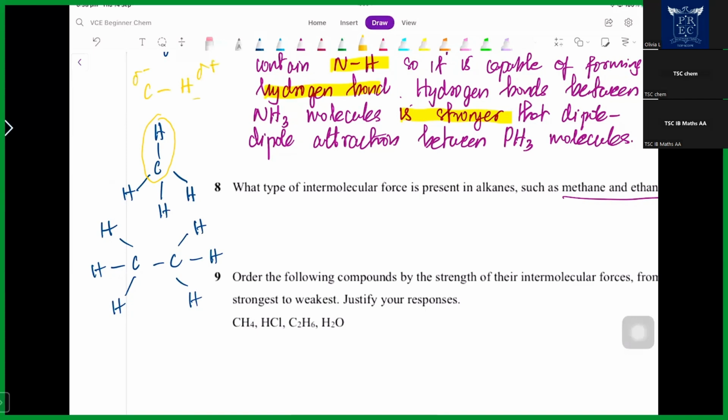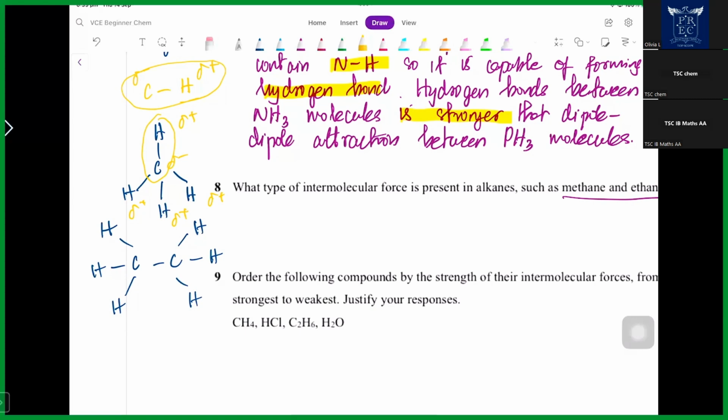So we have a dipole, meaning it is polar. But what happened is all these positives are pulling in opposite directions with equal forces.